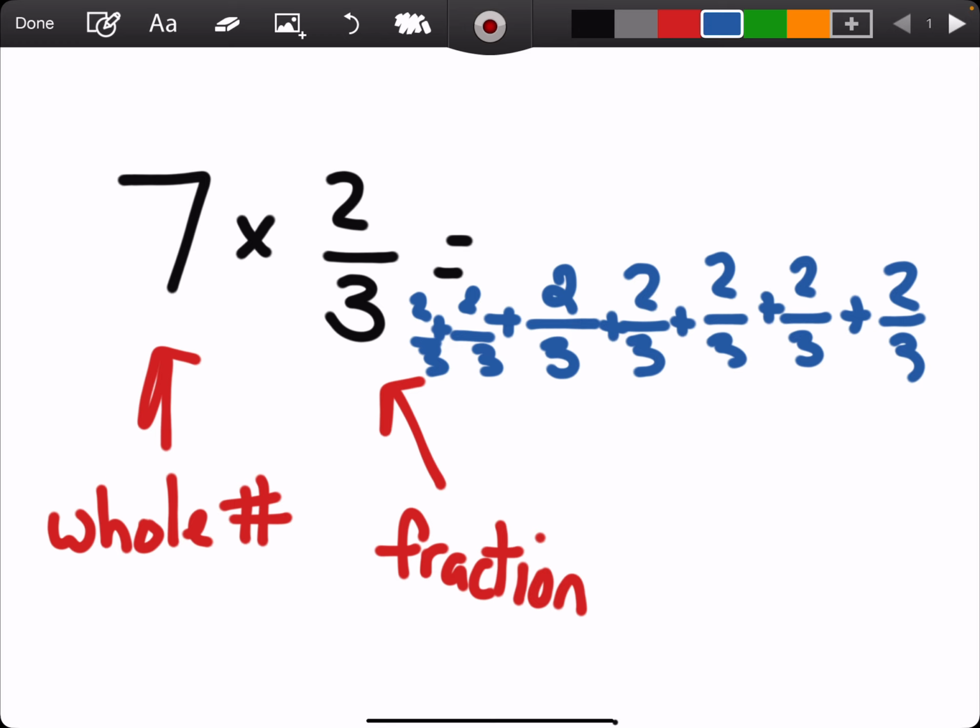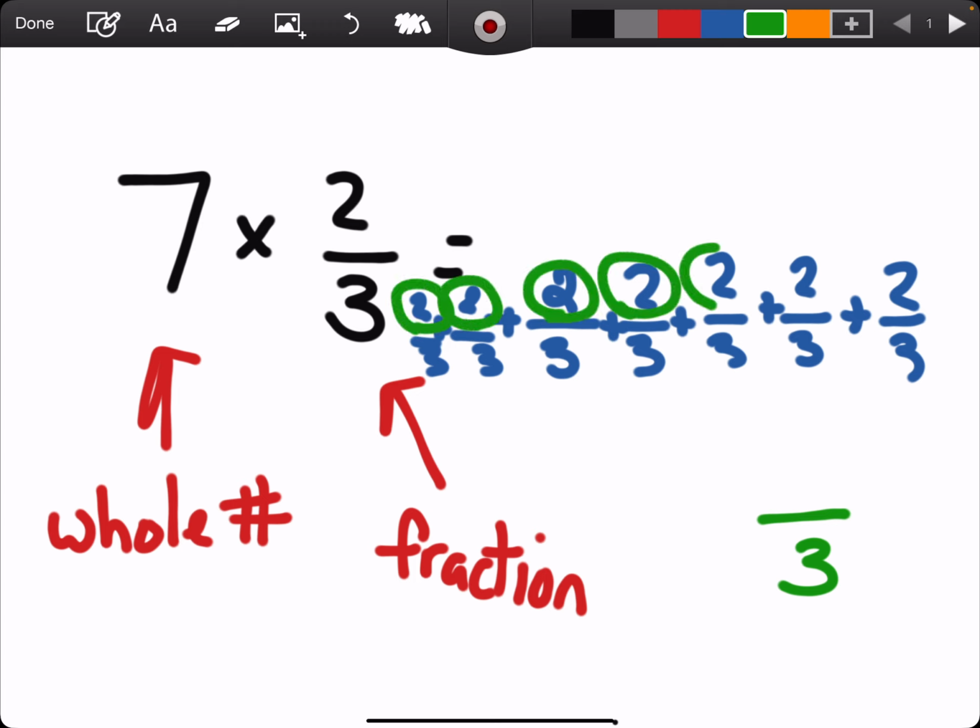So now, if I add this up, I know my denominator is going to stay the same, right? And I have 1, 2, 3, 4, 5, 6, 7 2's. So what is 7 2's? 2, 4, 6, 8, 10, 12, 14, right?